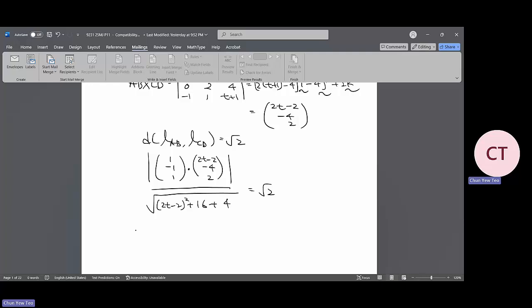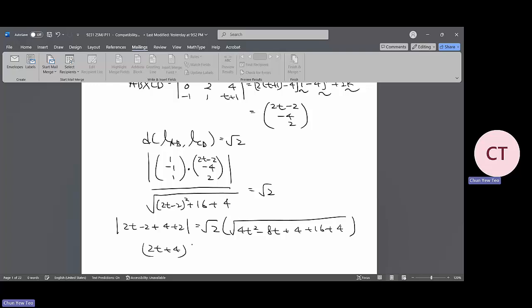So what you need to do over here is the modulus: we have 2t minus 2 plus 4 plus 2, and the modulus is equal to the square root of 2. Square root of, you expand them, you have 4t squared minus 8t plus 4 plus 16 plus 4. Before I square both sides, I think I need to simplify it. It becomes 2t plus 4. I square both sides, no more modulus.